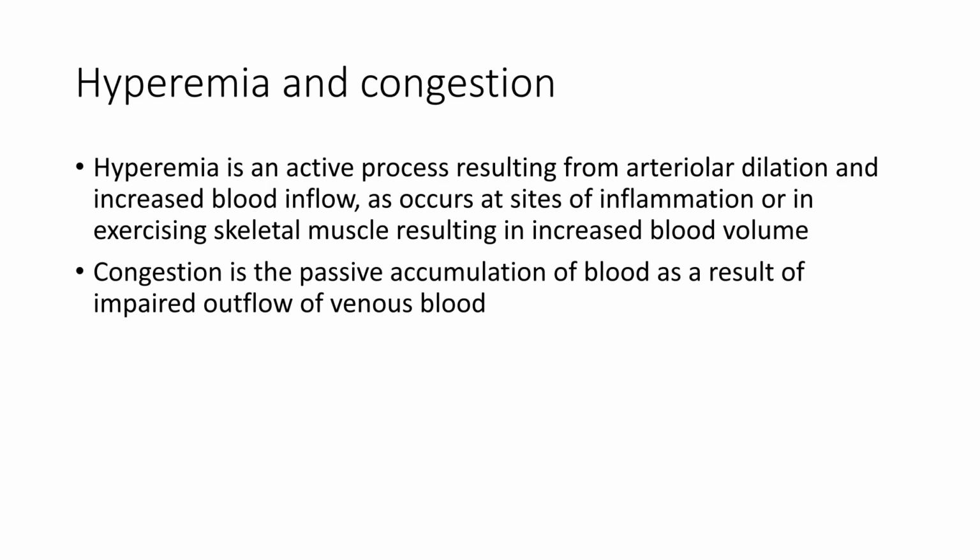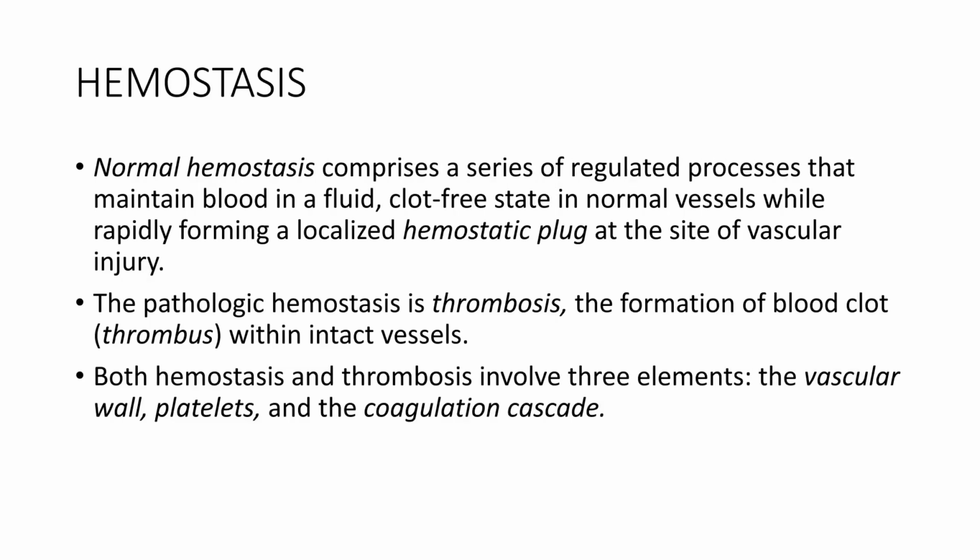So when you have hyperemia, you usually have a reddish tinge associated with the tissue that is hyperemic, and this is because of an increase in the amount of blood going to that particular tissue due to some physiological or pathological stress. Congestion, on the other hand, is a passive accumulation of blood as a result of impaired outflow of venous blood.